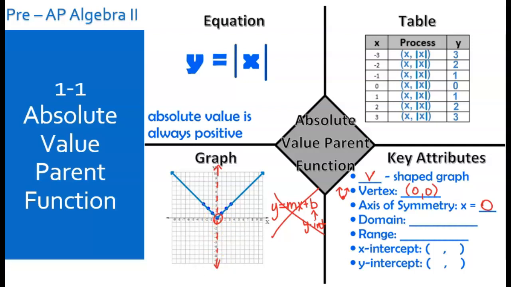Finally, the domain and range that we want to talk about are the x values and the y values. We're going to talk about them more in depth tomorrow and maybe even the next day after that.